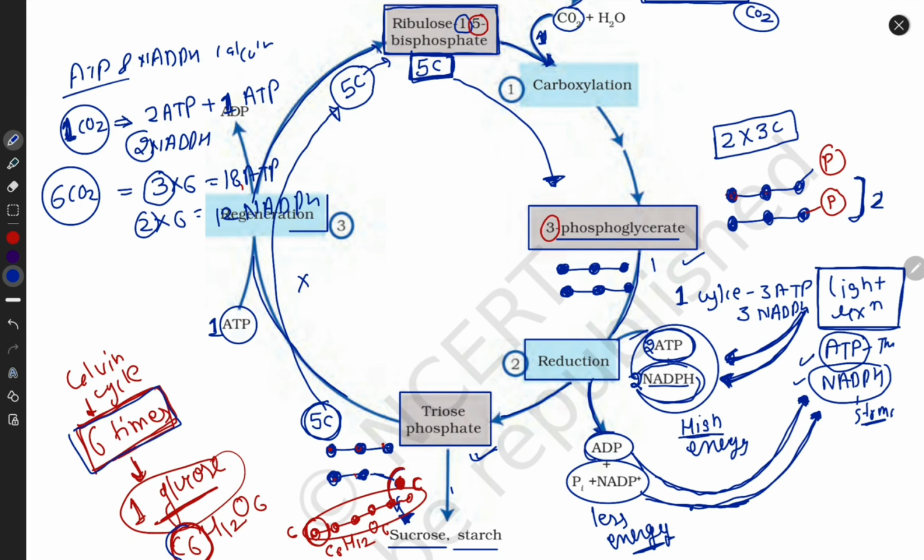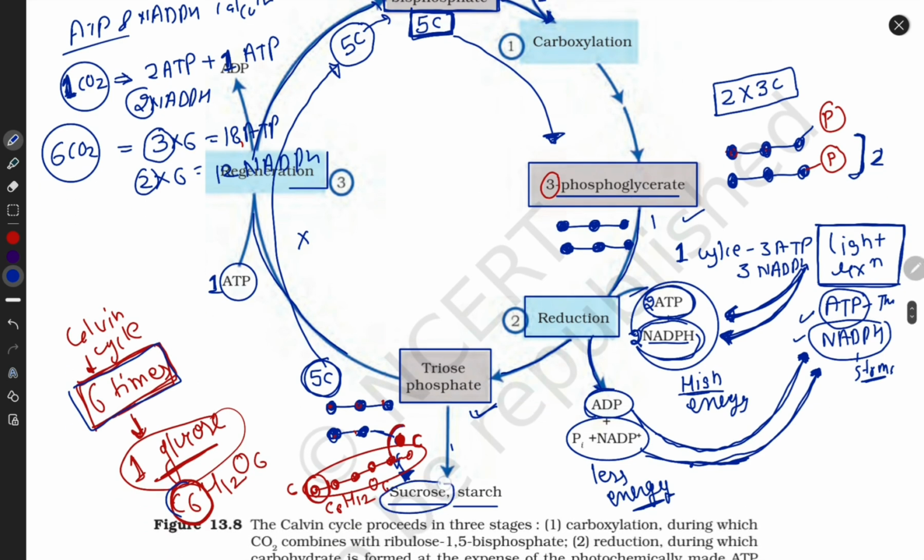The Calvin cycle forms food. Here sucrose, here starch. So these are 6 carbon compounds. We need 6 carbon for making one molecule of food.